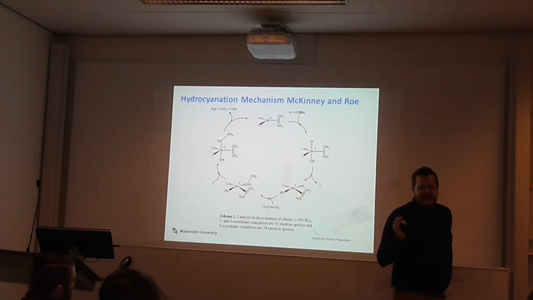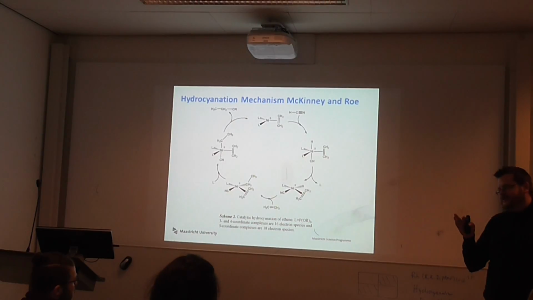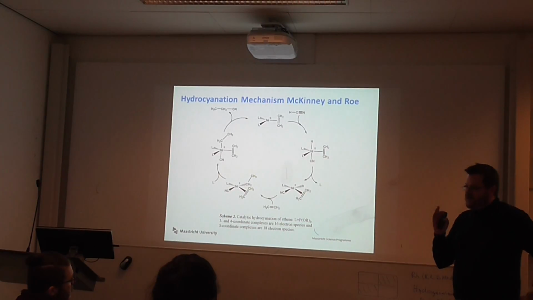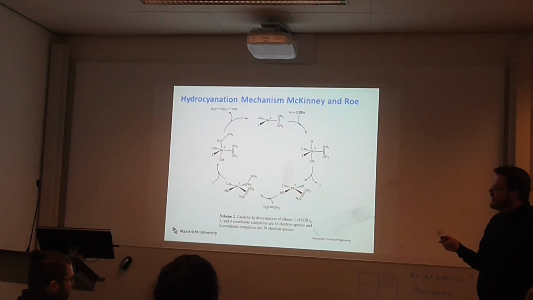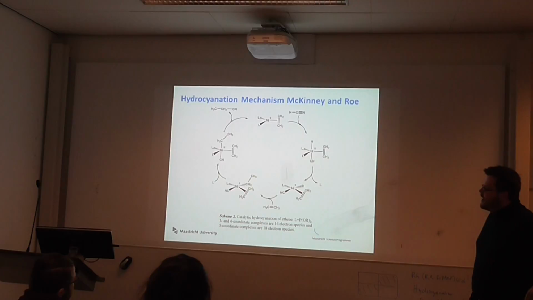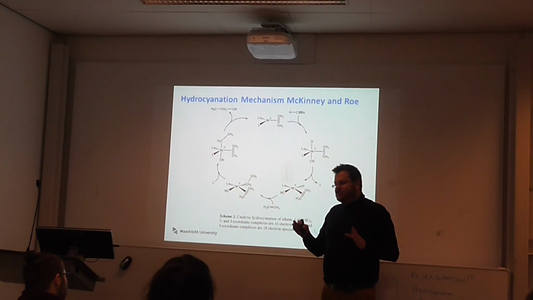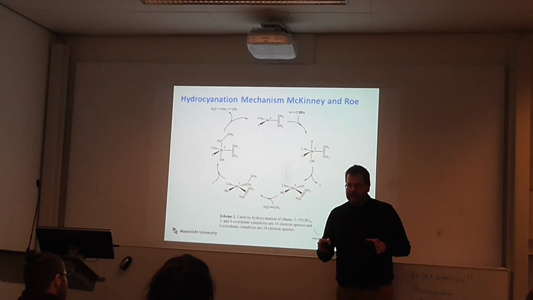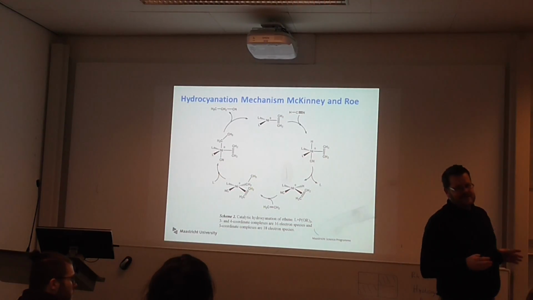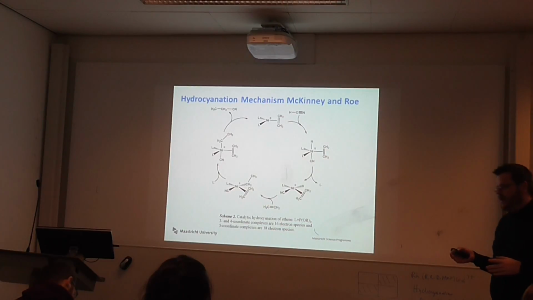Berry pseudorotation is a process that is highly dependent on various factors, electronic and steric. Depending on the size of these substituents, the Berry pseudorotation will be retarded. That's the first thing. And the second thing is it also depends on the electronic characteristics of this guy here. So it's highly dependent, but generally, if you have a 5-coordinate system, the rule of thumb is that it undergoes Berry pseudorotation rapidly.